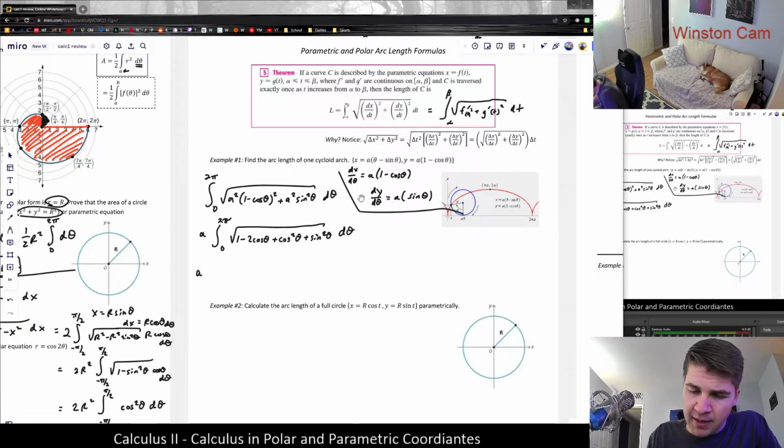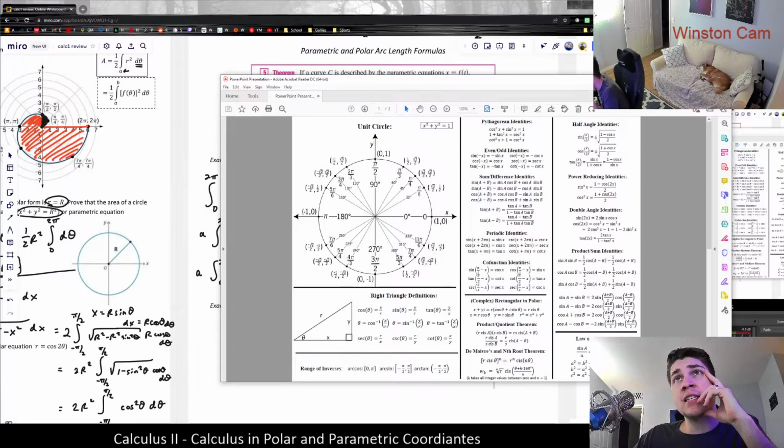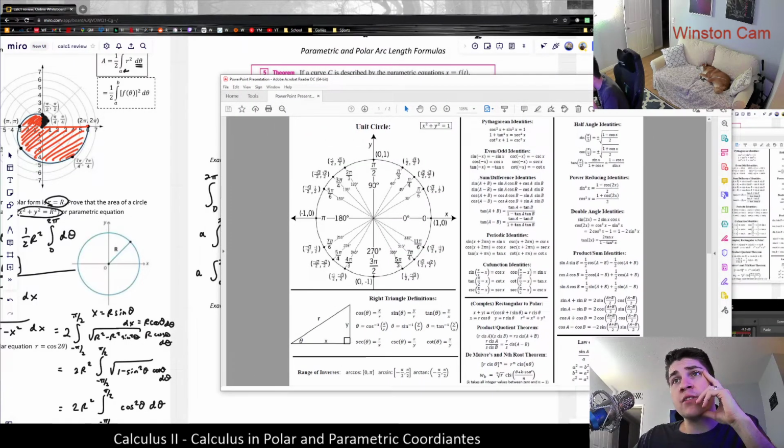So what we would end up having here is the square root of 2 minus 2 cosine theta integrated with respect to theta. And let me fix my square root because it's a little bit too long now, but basically just simplifying with trigonometry. And this is an integral that I don't think we have seen yet before, but this one's kind of interesting strategically, because actually what we can use is an identity, if I recall correctly, to solve this.